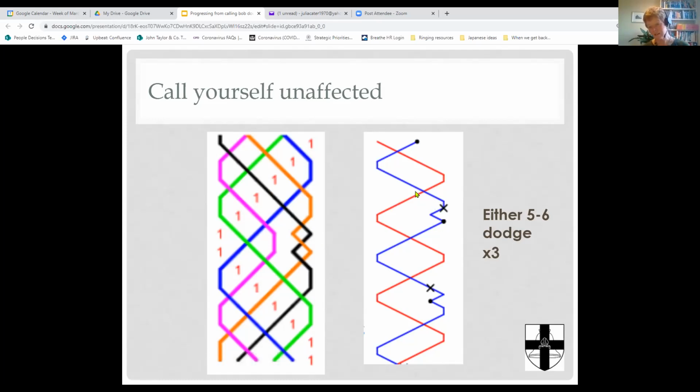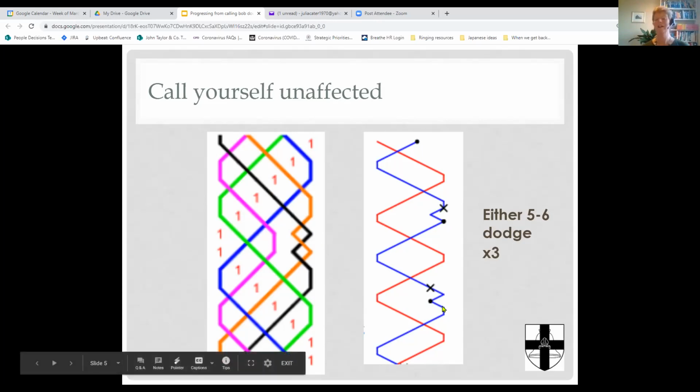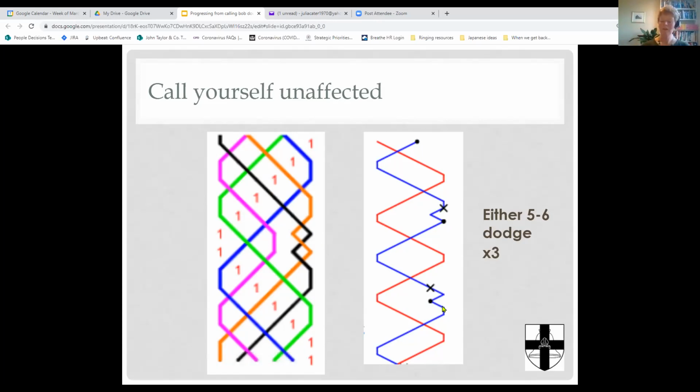This one is either 5/6 down, so you could call yourself there as a 5/6 down, and then you would repeat that. Every single time you get to 5/6 down, you'd put a bob in. Or you could do it when you're about to dodge 5/6 up, and again, every single time you're about to dodge 5/6 up, you would put a bob in.